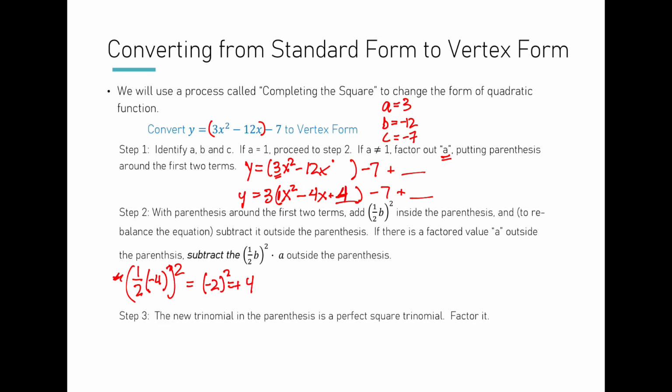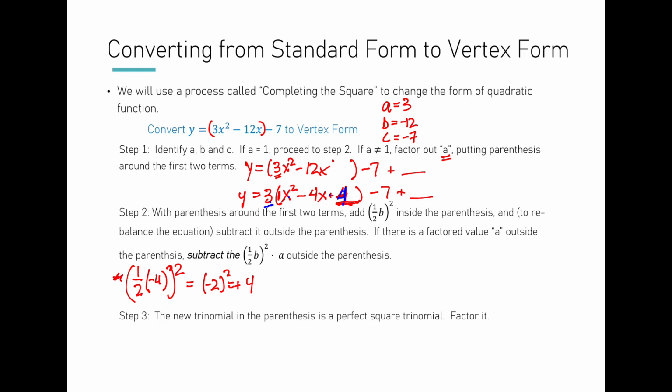Now remember, we want to do the opposite here. So because I added 4, I want to balance out the equation. But I actually did not add 4. That's what we see inside the parentheses. But remember this 3 out here. The 3 is tagged to every term.